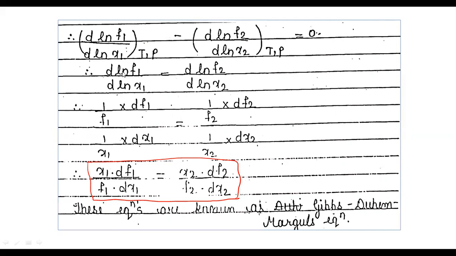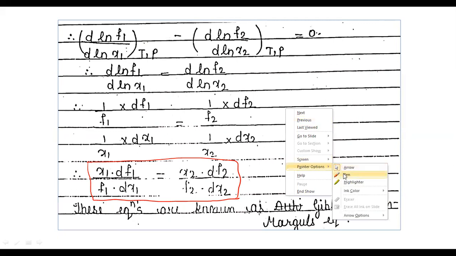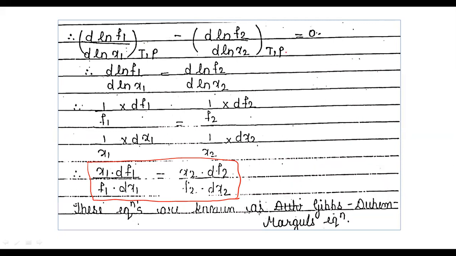Let us simplify it once again. Now we know the derivative of ln f1 is equal to 1 upon f1 into df1. Similarly, the derivative of ln f2 is equal to 1 upon f2 into df2.